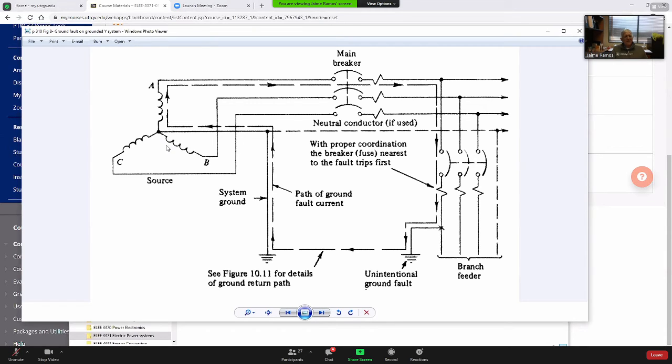So this is the second case, grounded systems, right here, page 308.